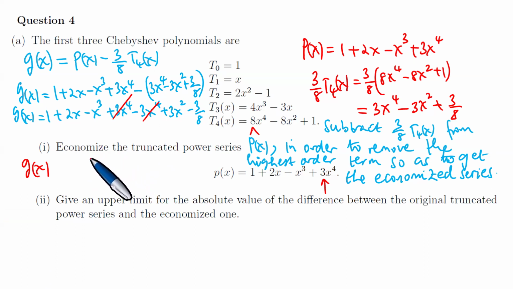Then we have minus x cubed in descending powers of x, plus 3x squared, plus 2x, and 1 minus 3 out of 8, which is 5 out of 8.